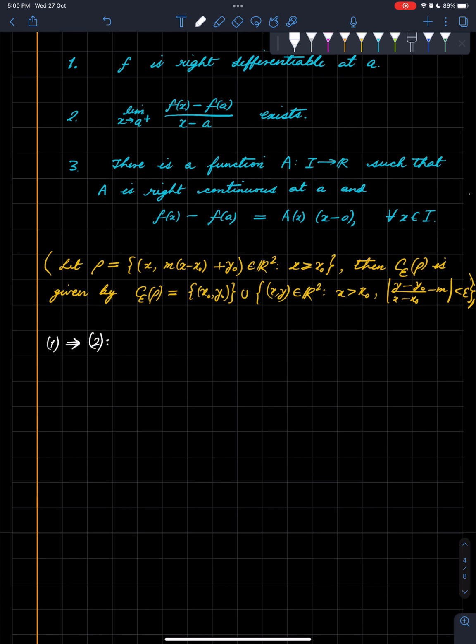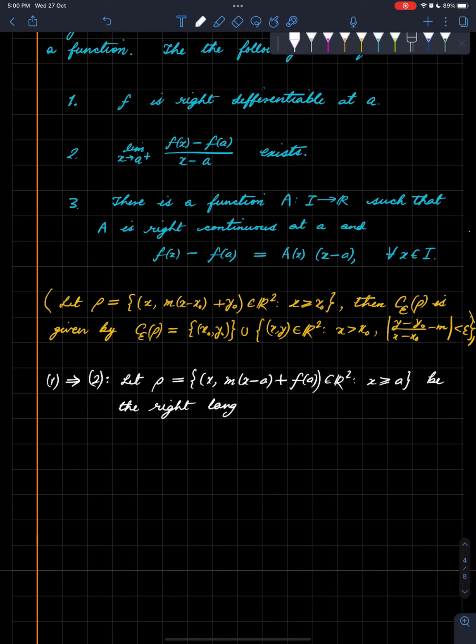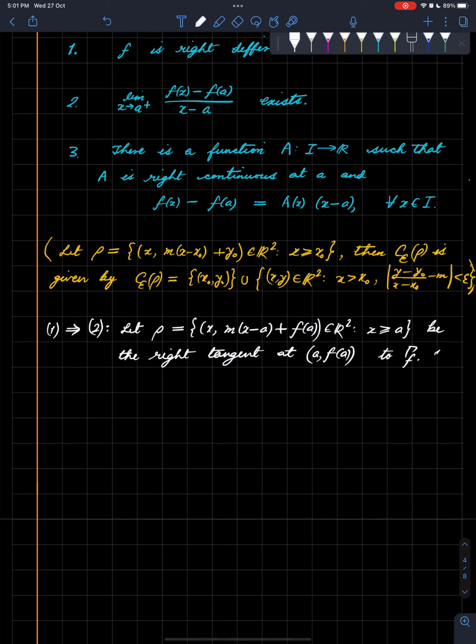Okay, so now we'll show 1 implies 2. One says that f is right differentiable at a, so let rho equals x comma m times x minus a plus f of a be the right tangent at a comma f of a to the graph of f, and we will show that this limit is equal to m.